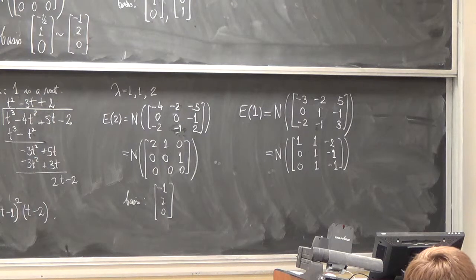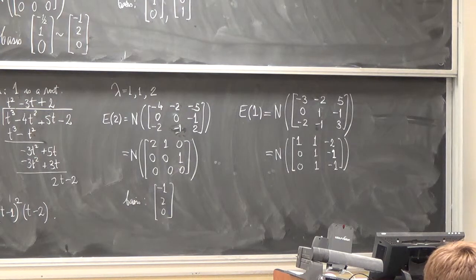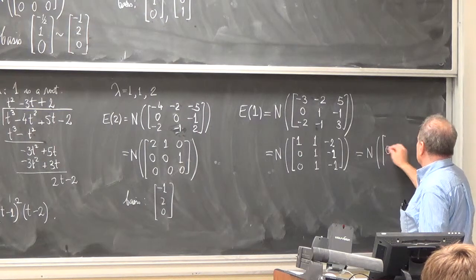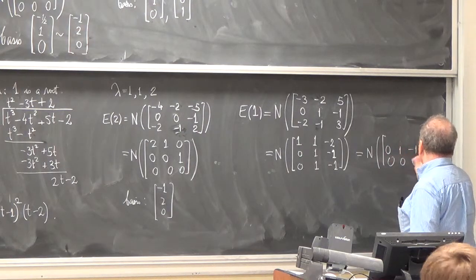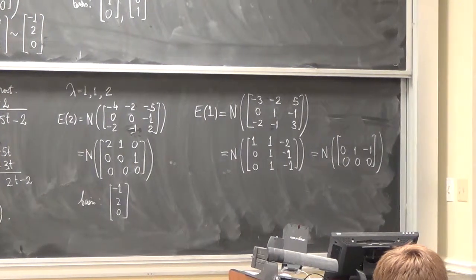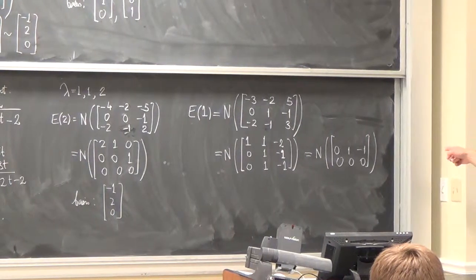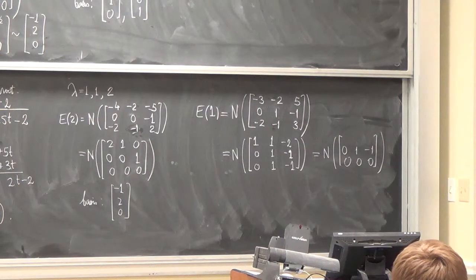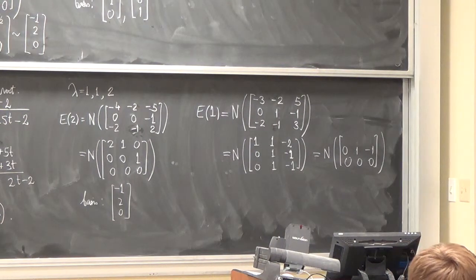Well, how convenient. So I do have a row of zeros, but what are you noticing, Gabe, to answer your own question? What's the rank of this matrix? Well, 2. So what's the dimension of the null space going to be? 1.